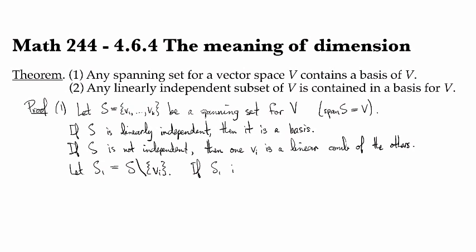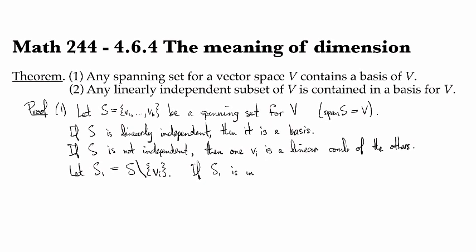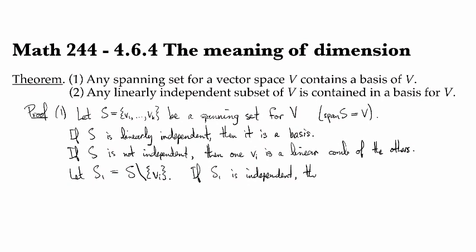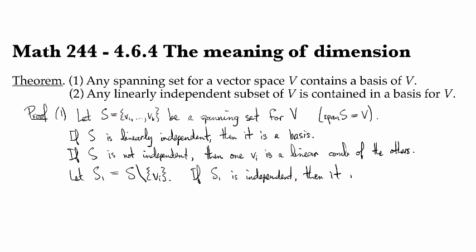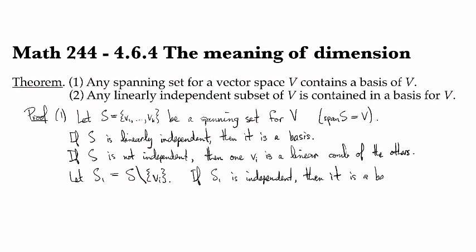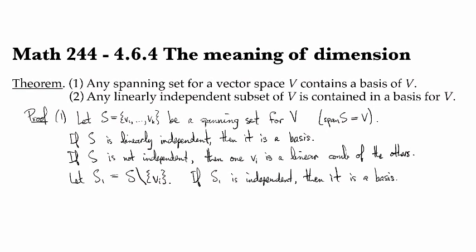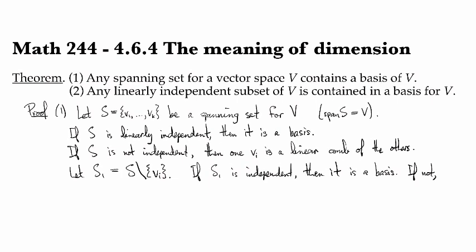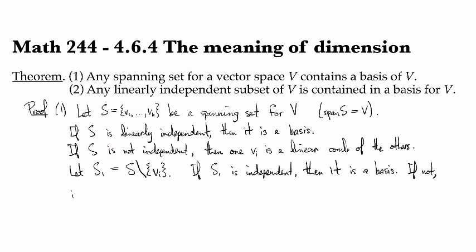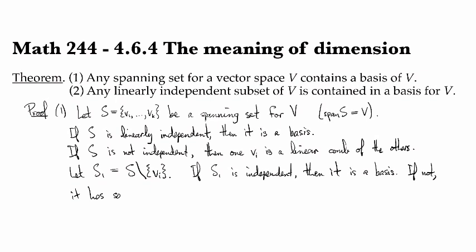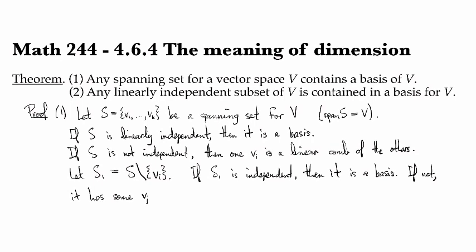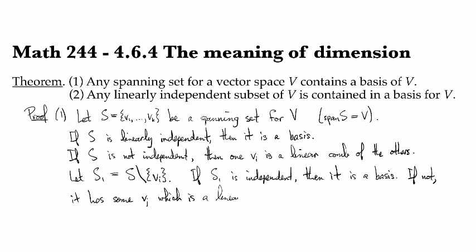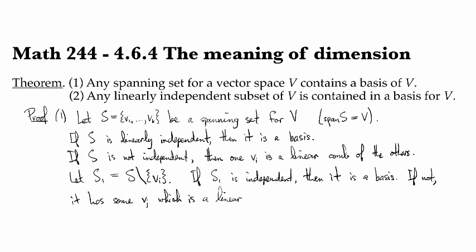So if S1 is independent, then it is a basis. If not, it has some element which is a linear combination of the others, because that's what it means to be linearly dependent.